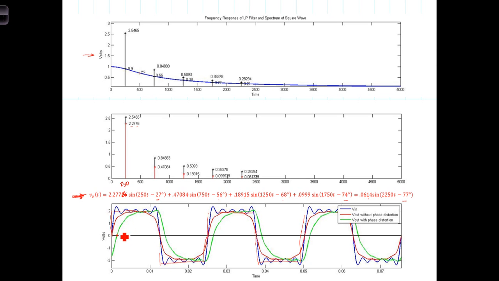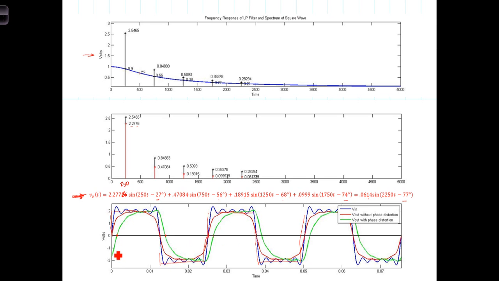Now, it's kind of hard to see, but as these other terms start to kick in, 56 degrees, 68 degrees, 74 degrees, and with significantly reduced amplitudes, what you see is some variation starting to happen, and that this whole thing continues to be delayed, the fundamental continues to be delayed by that 27 degrees.